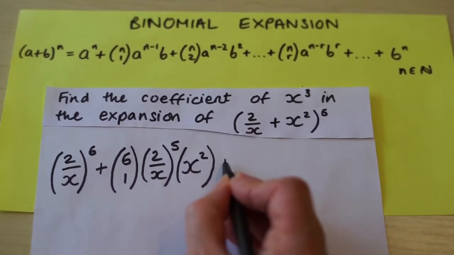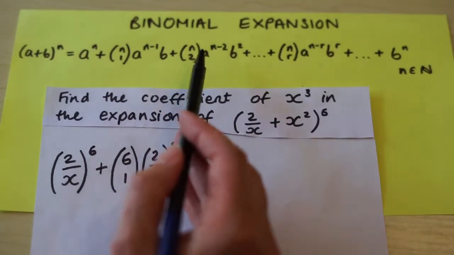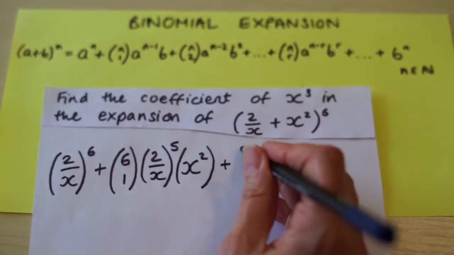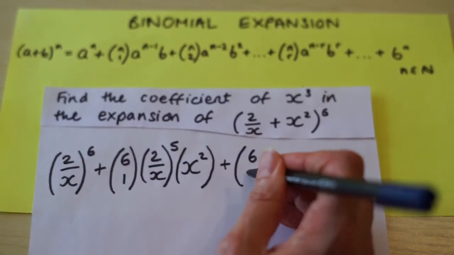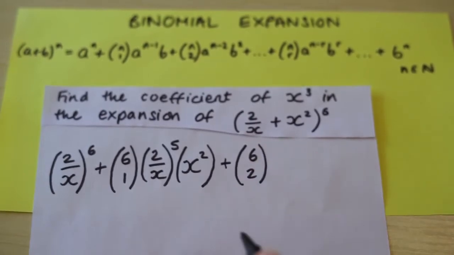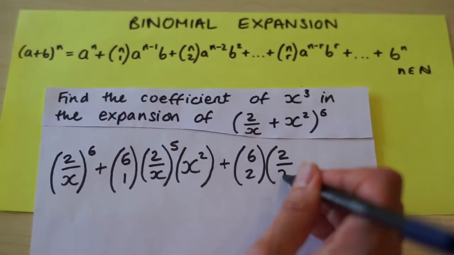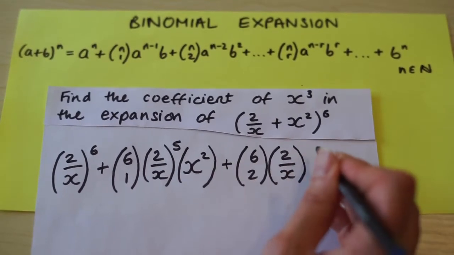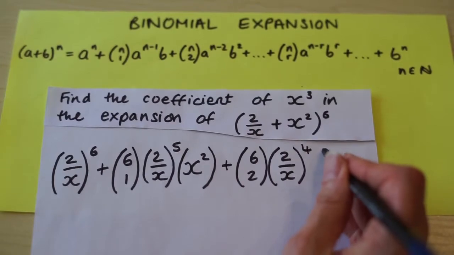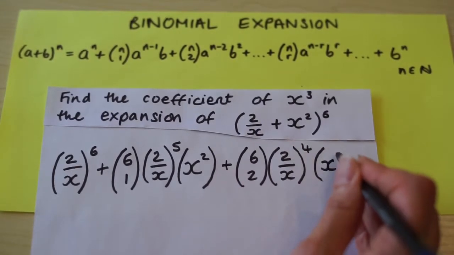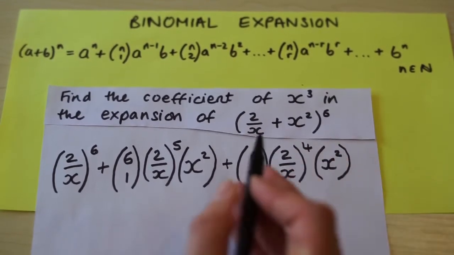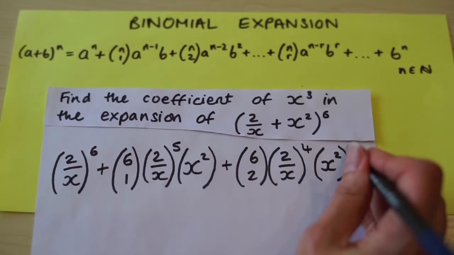So let's keep going. The next term, we're doing 6 choose 2, got the a term to the power of 4, and the b term is starting to rise, so it's gone from 1 to 2.